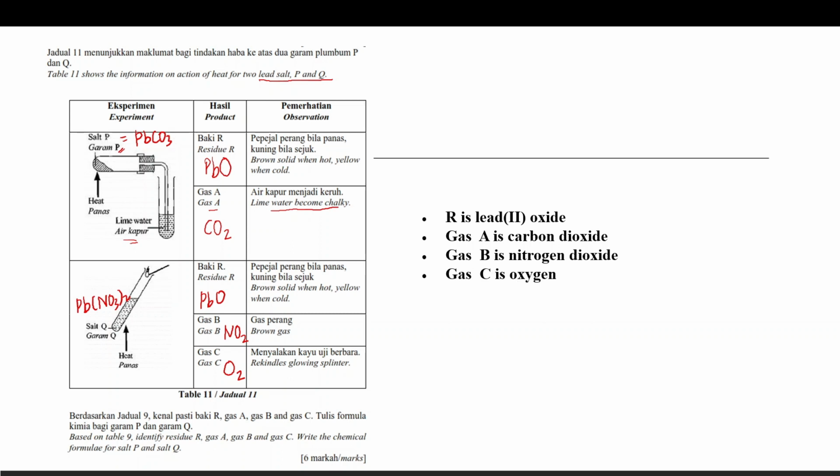Then write the chemical formula for salt P and salt Q. So P is lead(II) carbonate, PbCO3. Q is lead(II) nitrate, Pb(NO3)2. So altogether this will be 6 marks.